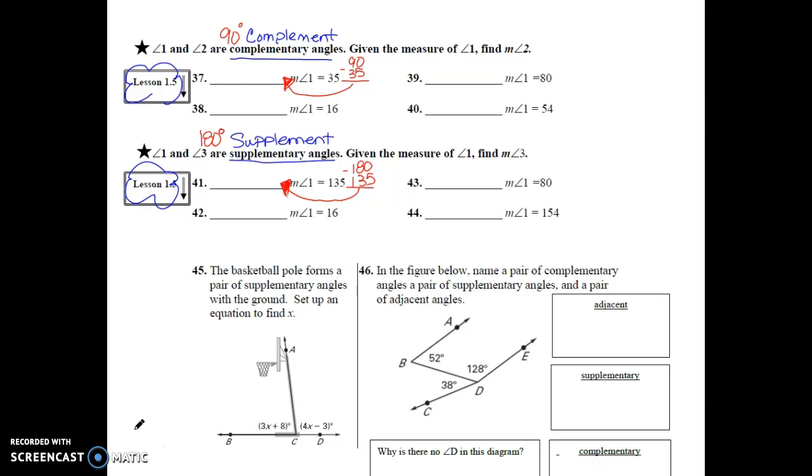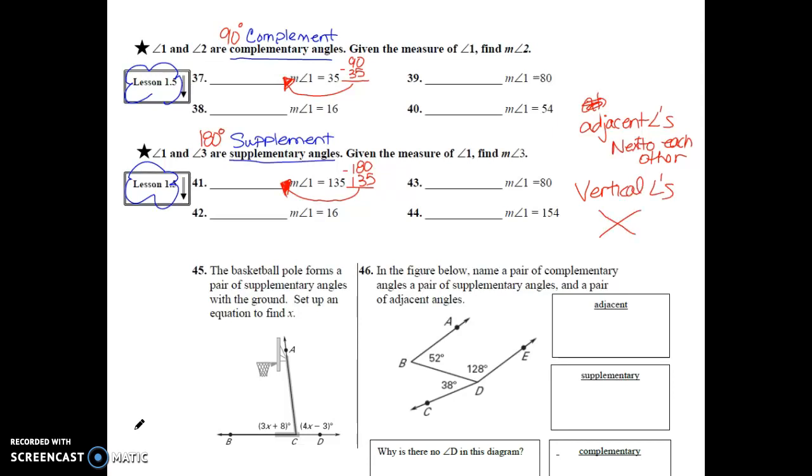The other words that come up on this page, remember, are adjacent angles. Those are angles that are next to each other. You have vertical angles.